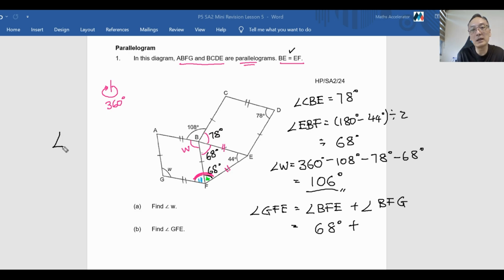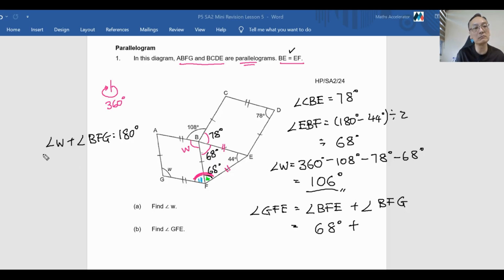I was saying that angle W plus angle BFG will give us 180 degrees. So adjacent angles inside the parallelogram add up to give you 180 degrees.